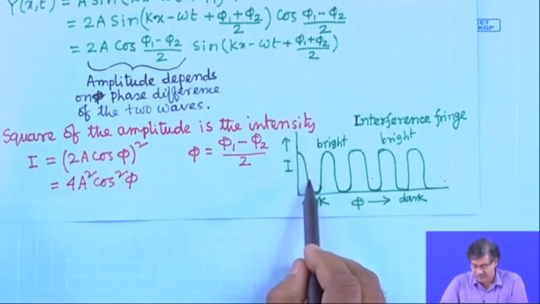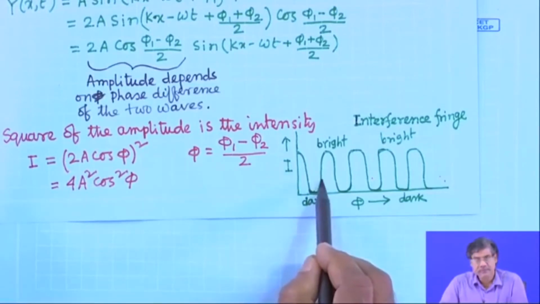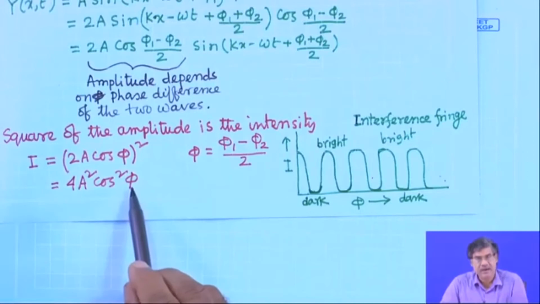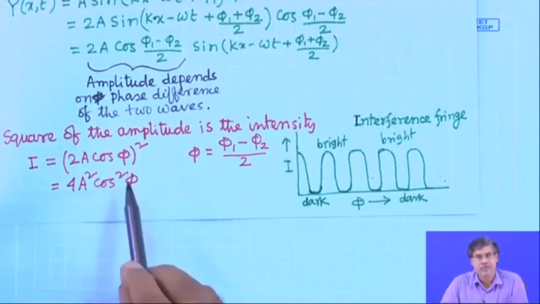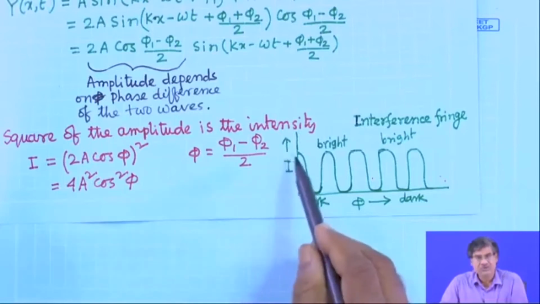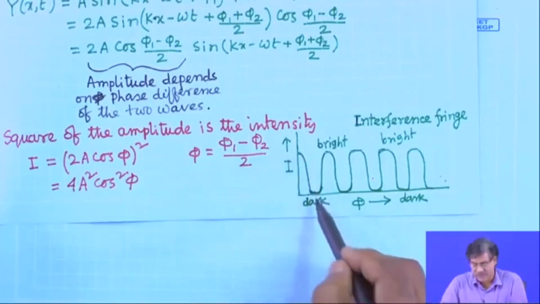So, it is 0. Then again when the phase difference is pi, you will get minus 1, and the square of minus 1 is plus 1. So, whatever the cos function, it is on both sides plus and minus.